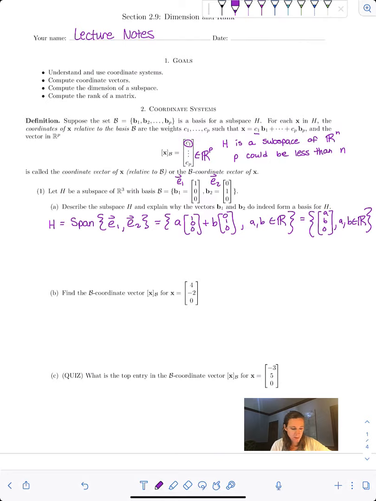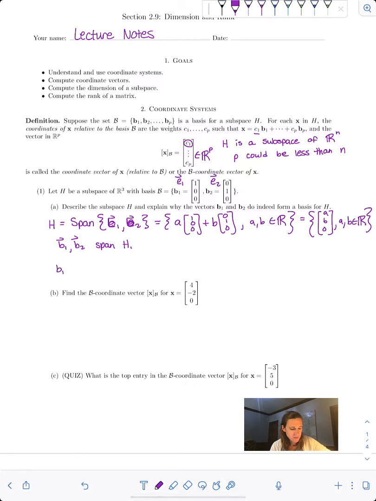To understand why these form a basis, I'll keep calling them b's since that's what I called them above. First of all, b1 and b2 span H by definition.